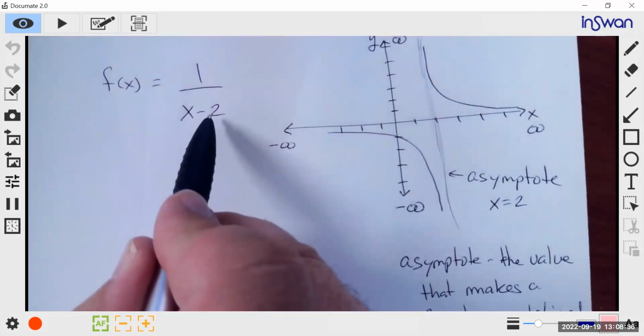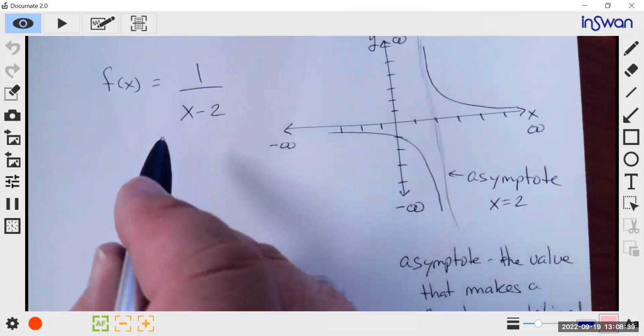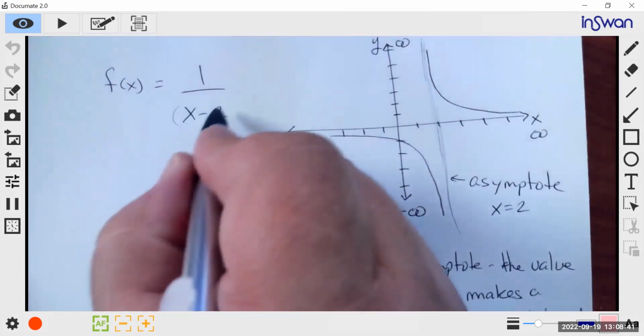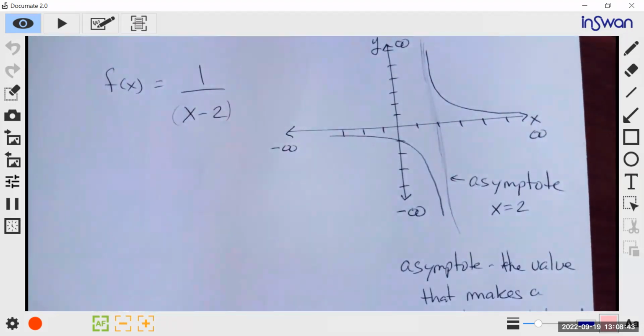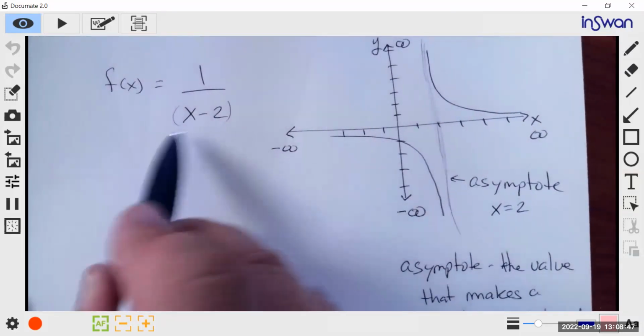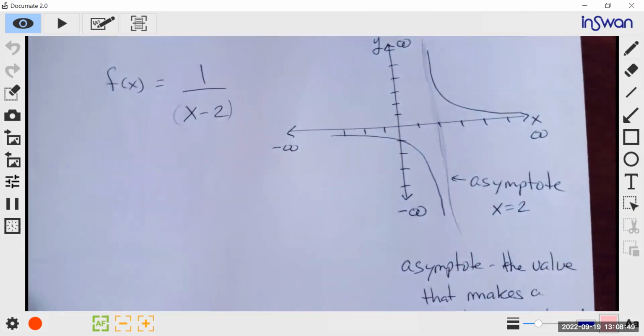Oh, 2 minus 2 becomes 0. 1 over 0 is undefined. So the rule is I cannot have 0 on the bottom. So if I give you a fraction and x is on the bottom, just set the bottom equal to 0, and that'll tell you where your asymptote is. That's the line your graph cannot cross.